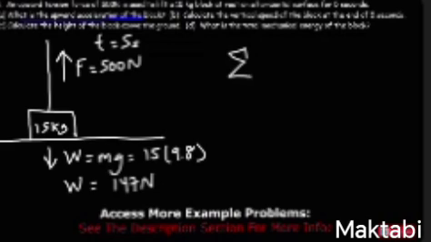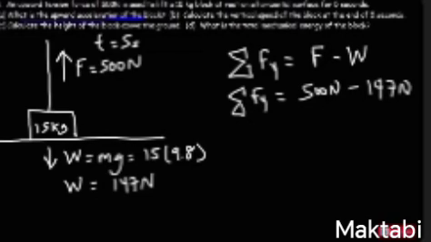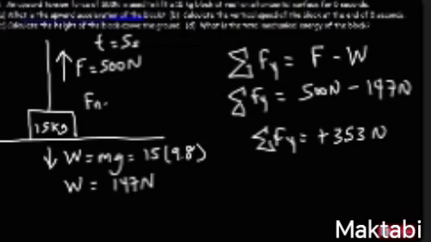Now the net force in the y direction is the sum of those forces. F is positive, W is going to be negative because it's going down. So we have an upward force of 500 newtons minus a downward force of 147 newtons. So the net force in the y direction is positive 353 newtons. So we can write that here. That's going to be the upward net force.